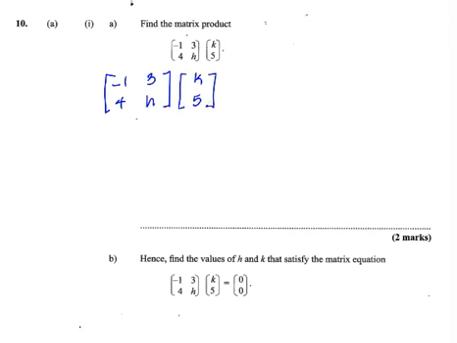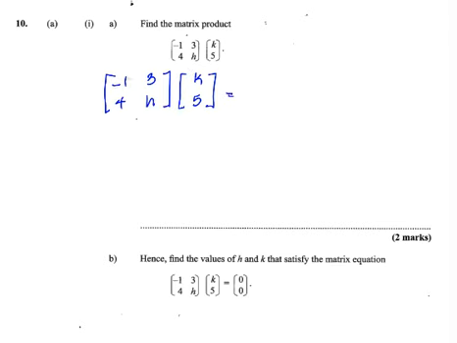Whenever we multiply two matrices, we multiply the rows of the first matrix by the columns in the second matrix. First element in the row by the first element in the column, then the second element in the row by the second element in the column.